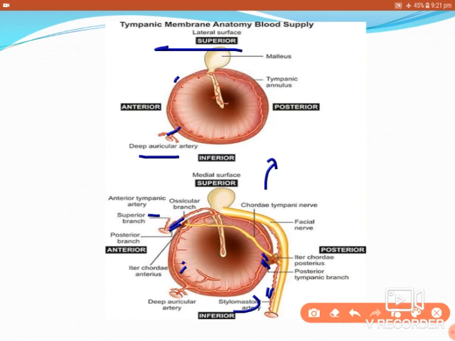The lateral surface is supplied by the auricular branch of the vagus and by the auriculotemporal nerve, a branch of the mandibular nerve. The inner surface is supplied by the tympanic branch of the glossopharyngeal nerve. So that's the nerve supply and blood supply.